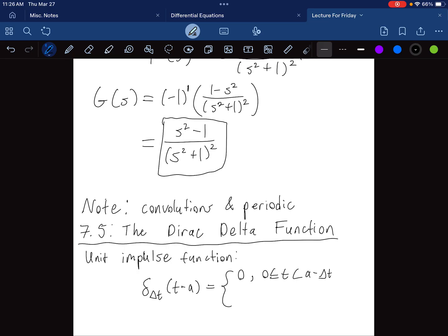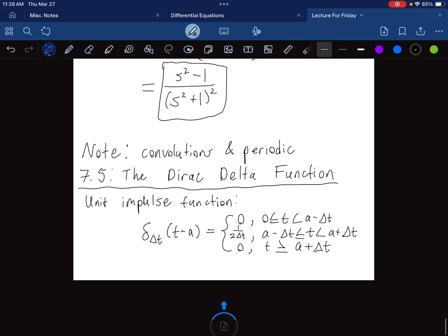And then it's going to equal 1 over 2 times that small change in t for a minus that small change less than or equal to t less than a plus that difference of t. And then just 0 again for t greater than or equal to a plus that small time change.